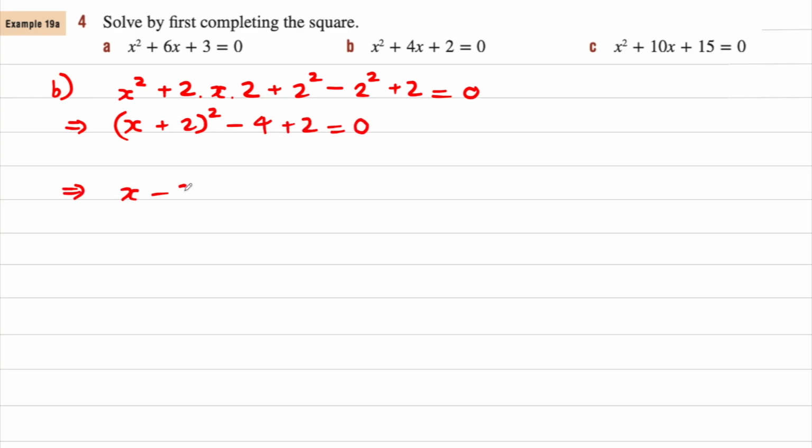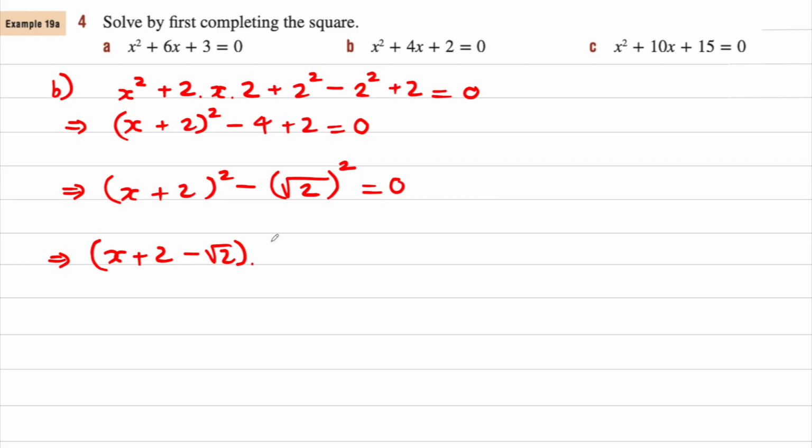The next step will be minus 2 because minus 4 plus 2 equals minus 2. But I will change this immediately to the square form. So the difference of the squares, you already set up this form for this equation using the factorizing form for solving. You got two brackets and then solve each of them.